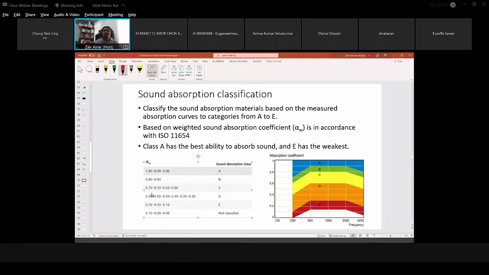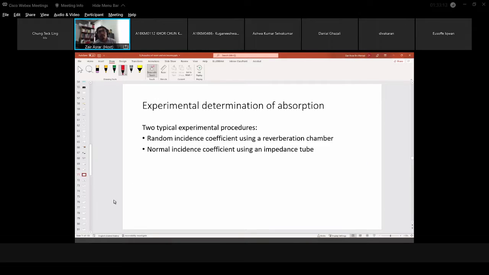So A will have the best ability and E will have the weakest ability. Of course, the absorption coefficient will not be constant with respect to frequency. It varies in terms of frequency as well. So you have to look at the performance of the material according to frequency when selecting the material. Don't trust the rating, as simple as it is.